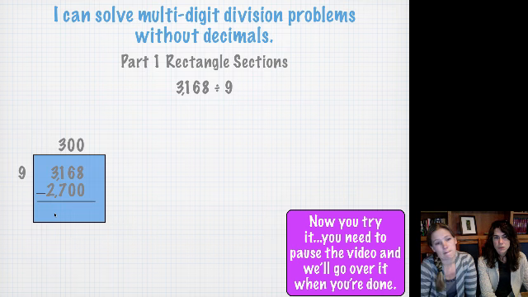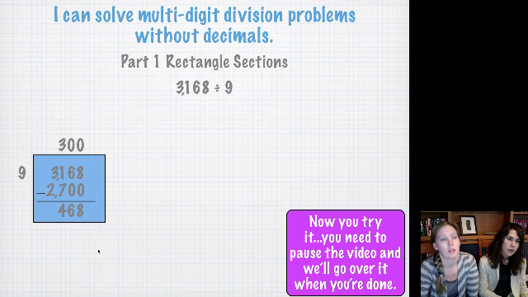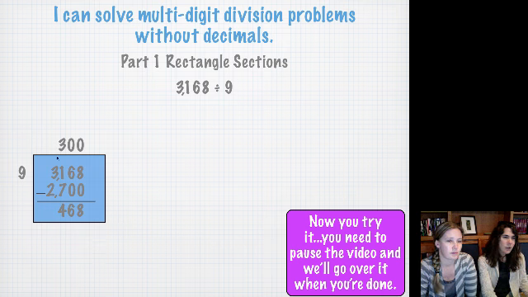And then when you subtract it, as long as you remember to do all your carrying and all that good stuff, you should have 468. Now also, if you got this far and you don't have the same answer as us, fix it, pause us for a second, and try to finish the rest of it. Because it is tricky, because if you just make one little subtraction error here, your whole answer can be totally different.